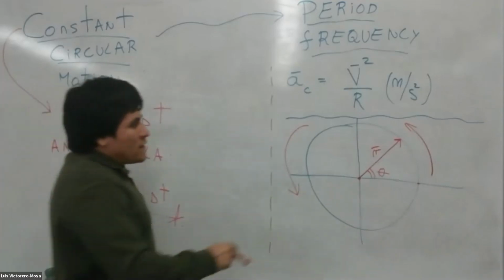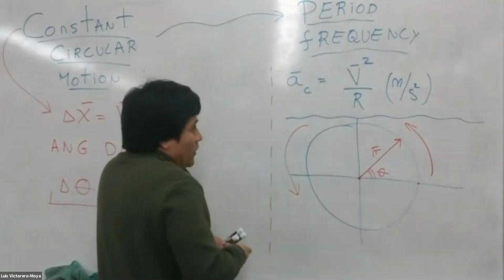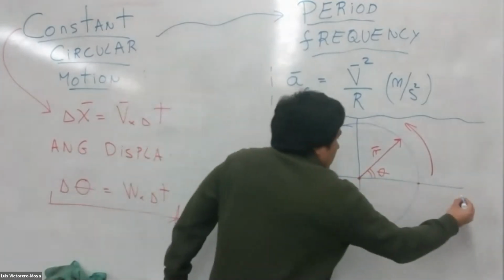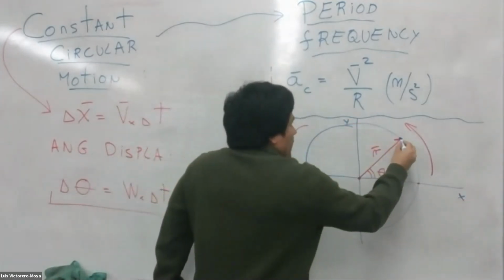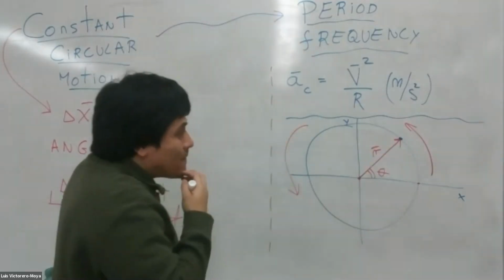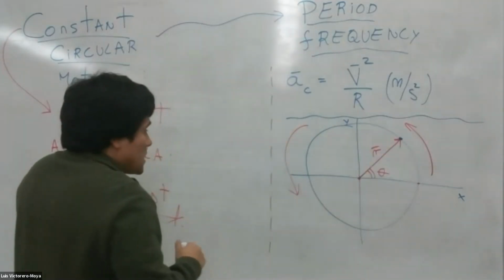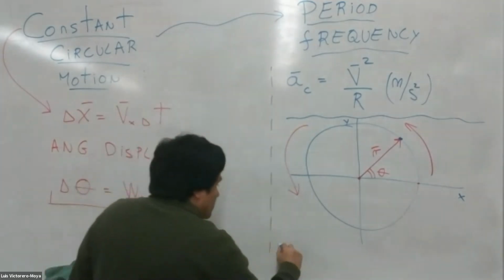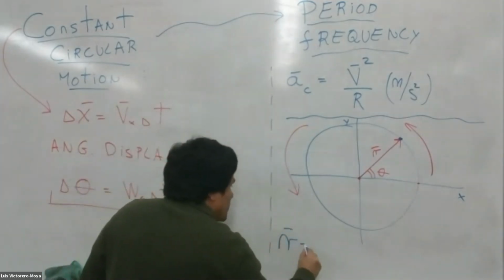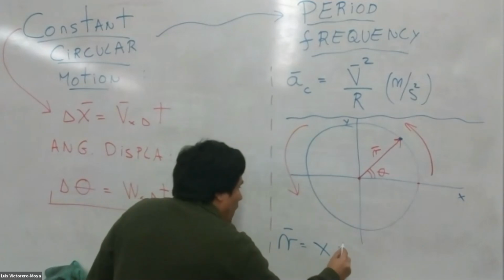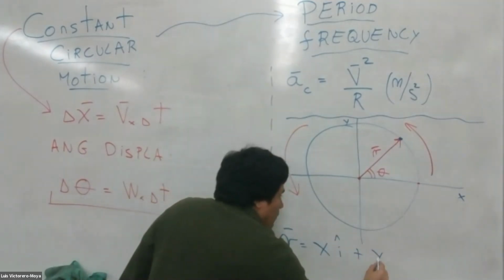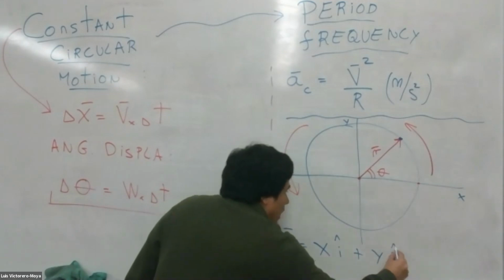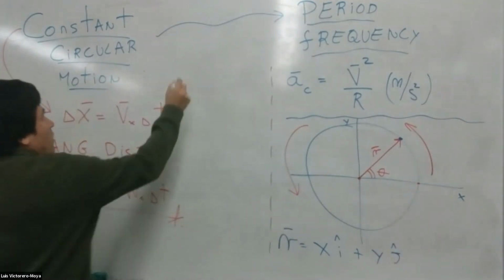So we know what this angle theta is, and we can tell this is the x-axis, this is the y-axis. We can tell that position vector in terms of x and y, right? The position vector r is x on the i direction, the unit vector i, plus y on the j. Now what's x and y?